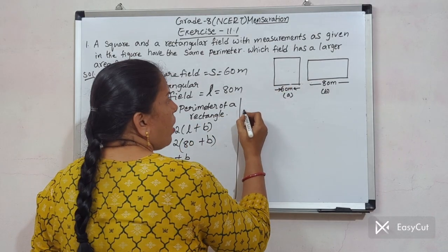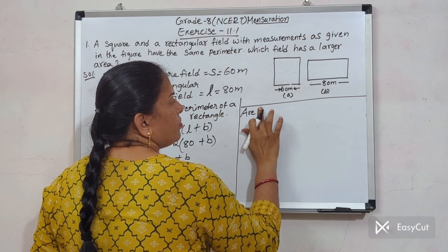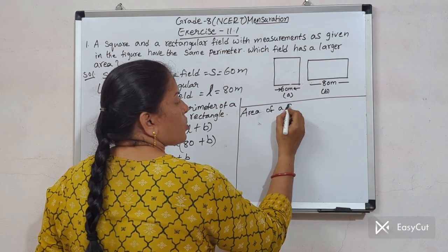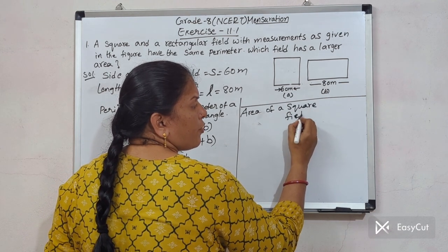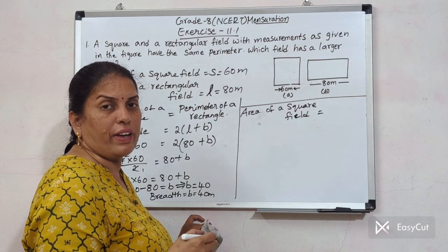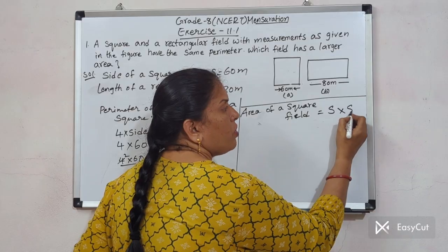Area of a square field. What is the formula for area? In the starting itself, the area of a square is side into side.